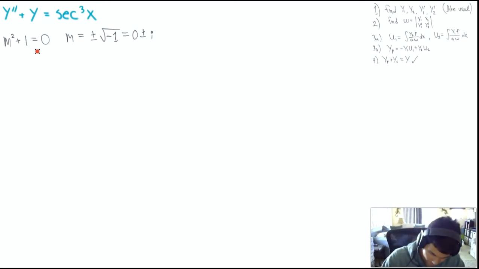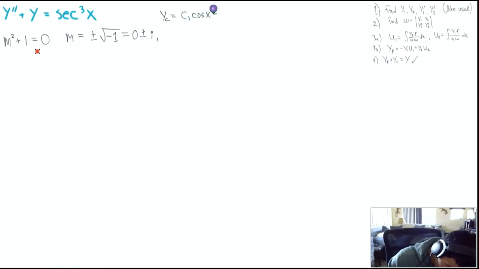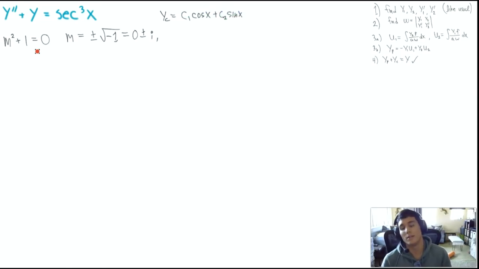Okay, so then you would see that yc, right, we usually write yc as what? Yc would just be c1 cosine x plus c2 sine x. There we go, that's all it is. Just that.